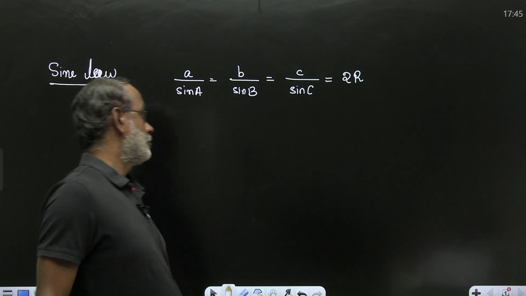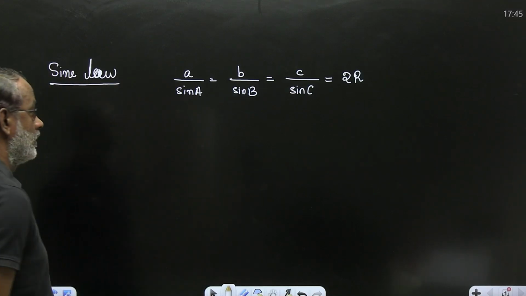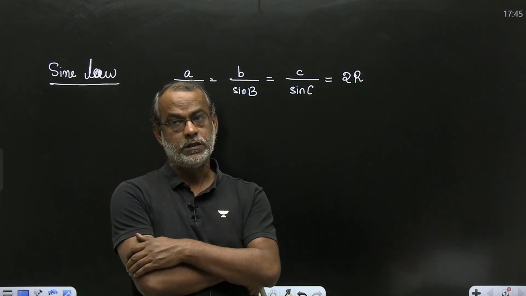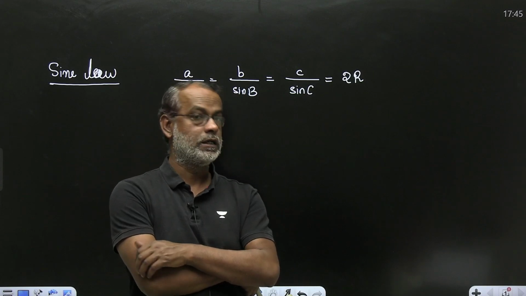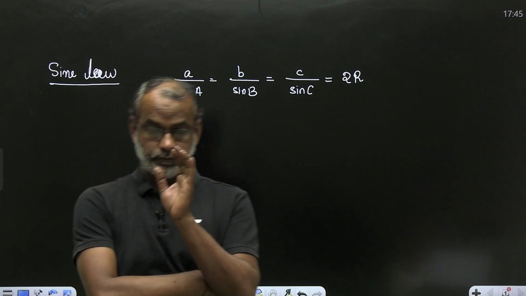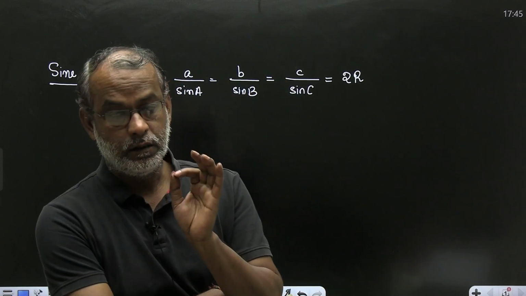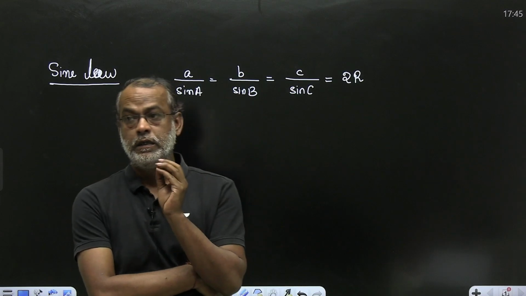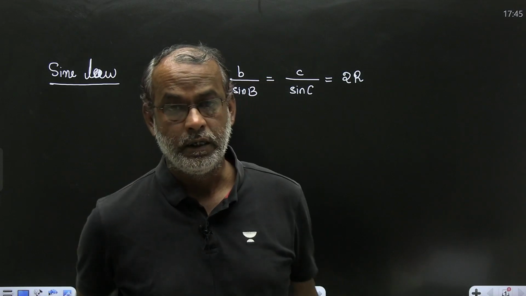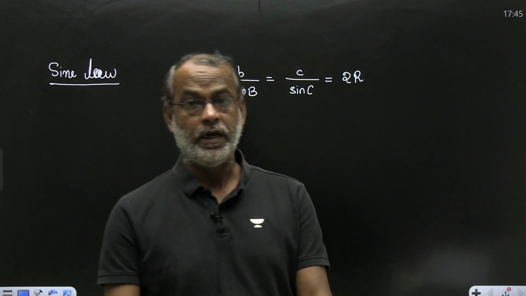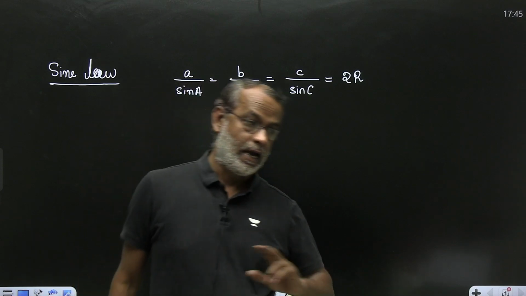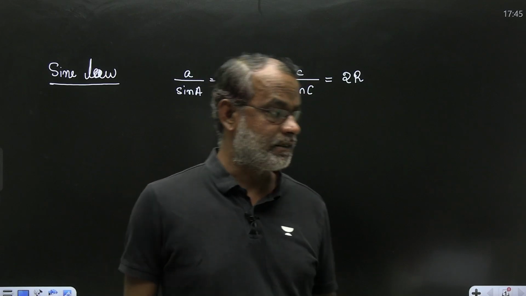So at the very beginning, I said that in solving problems, please use sine law in solving a lot of problems where an angle and side are simultaneously given, and the angles are not standard angles.